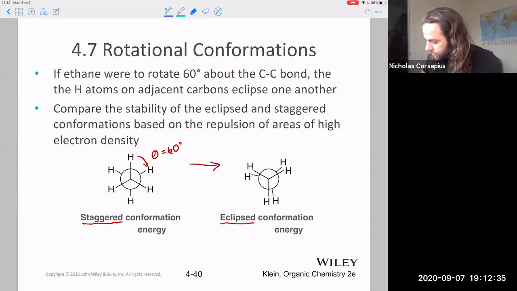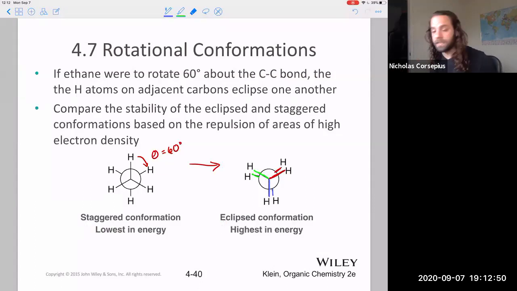So which one do you think would in general be the more stable of these conformations, staggered or eclipsed? Without any information, you could imagine that the staggered is lower in energy and the eclipsed is higher in energy because of repulsive effects. Electron-electron repulsion between hydrogen atoms, for example, that don't want to be next to each other.